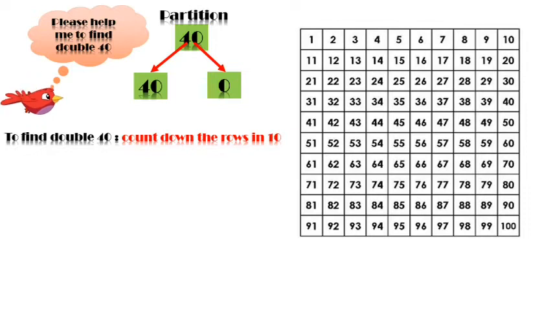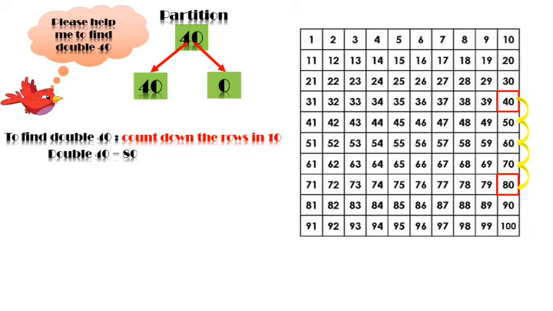Yes, what you need to do is count down the rows in tens. So from 40 we are going to count down 4 more tens. So 40 to 50, 50 to 60, 60 to 70, 70 to 80, which means the double of 40 is 80.